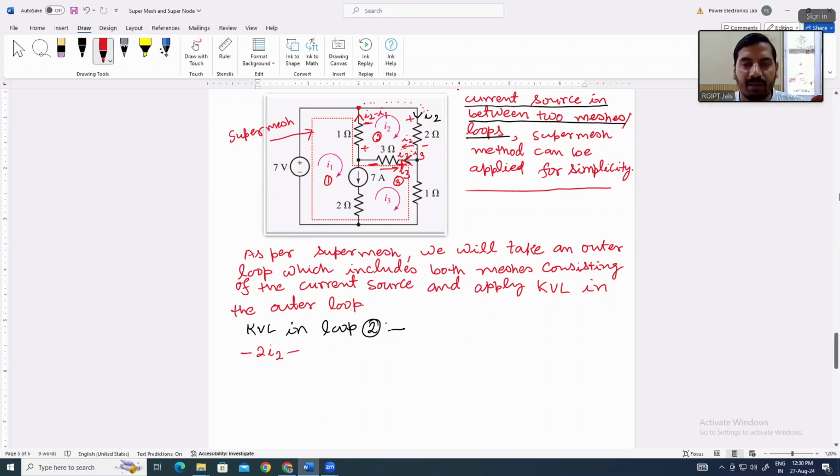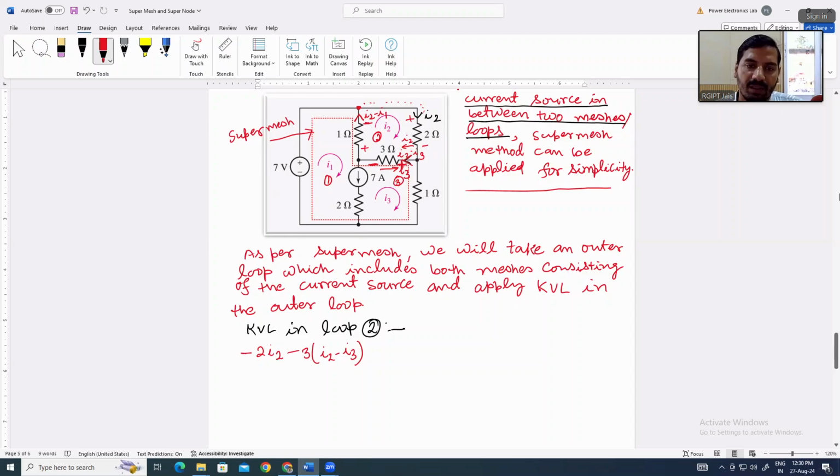Just like previously, we get plus first, then minus. In this case also we are approaching the plus first, then the minus. So 3 into I2 minus I3. Now the voltage drop across the 1 ohm resistor will be 1 into I2 minus I1.